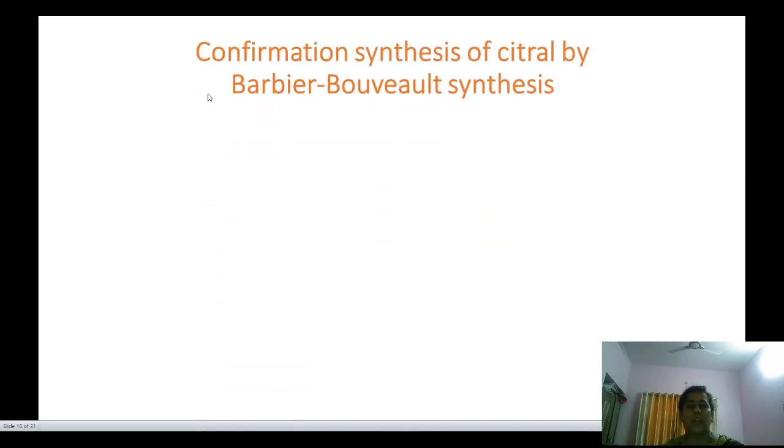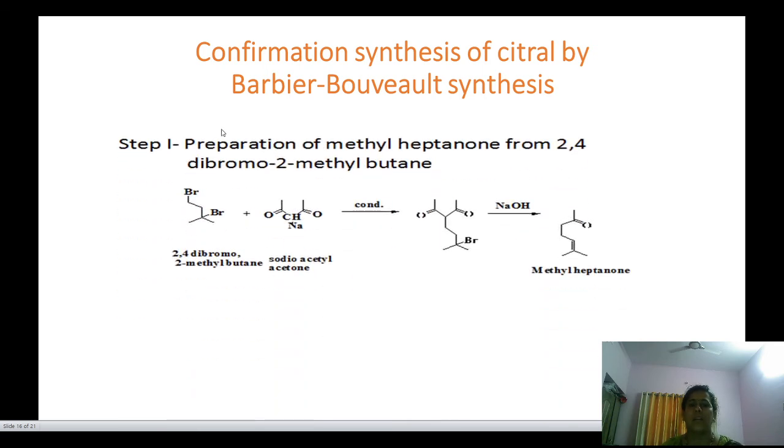Now, we have to confirm the structure of citral by using the Barbier-Bouveault synthesis. This synthesis consists of two steps. The first step is the preparation of methyl heptenone from 2,4-dibromo-2-methylbutane. This is the second position, and this is the fourth position.